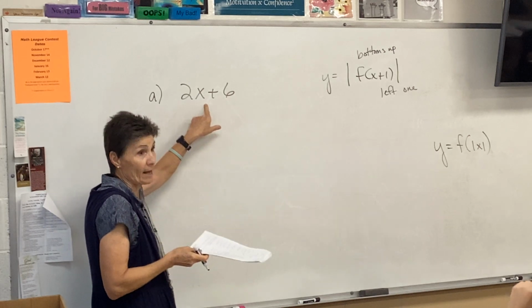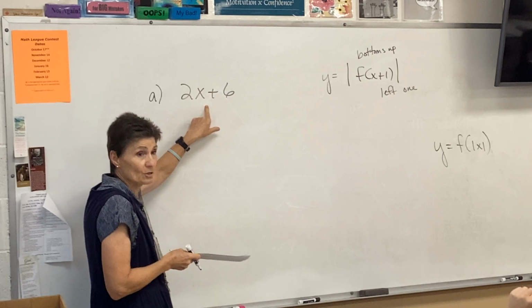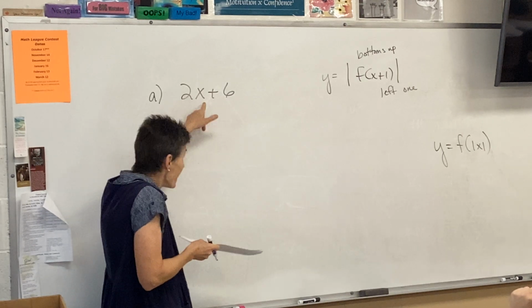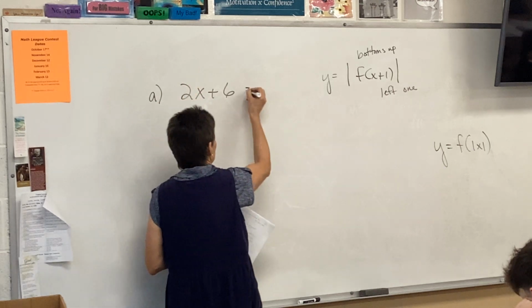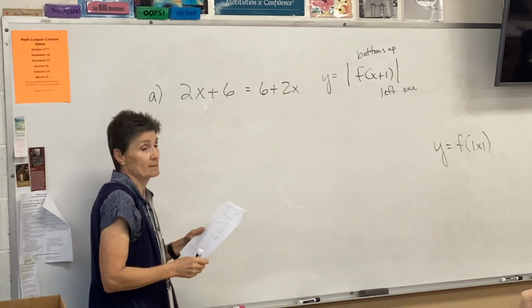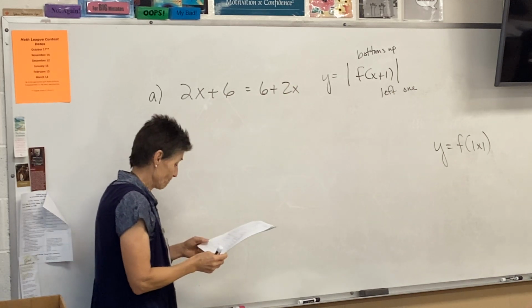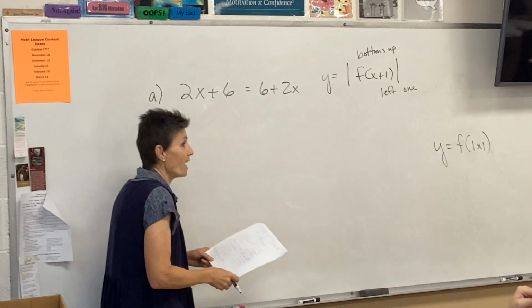Now, if he used x, could he have used a different letter? Yes, that doesn't matter. If you said 2n plus 6, that's fine. It's also fine if you said 6 plus 2x. Could it be that way too? Yes.